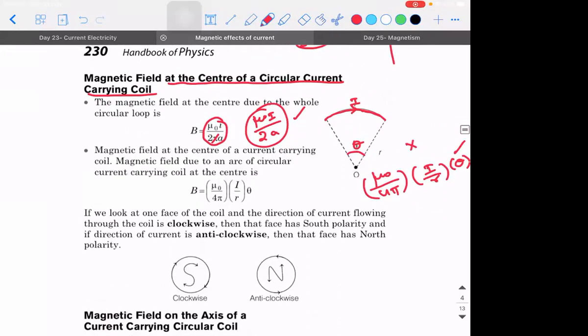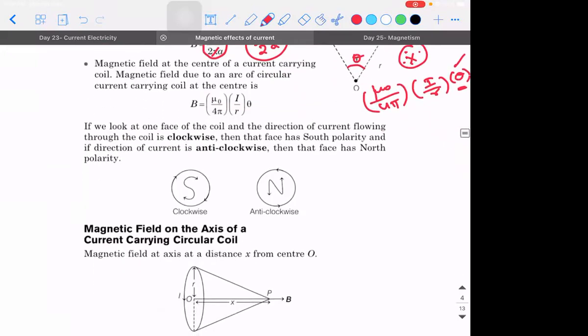This is also an important formula. If it is a complete circle, the value of theta is going to be 2 pi. When you substitute 2 pi, you get mu naught I by 2a. That is this formula. So there is no pi. Have this in your mind.